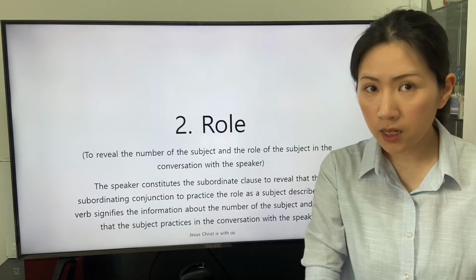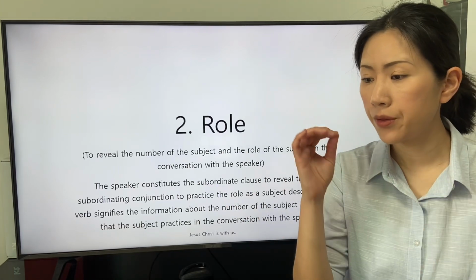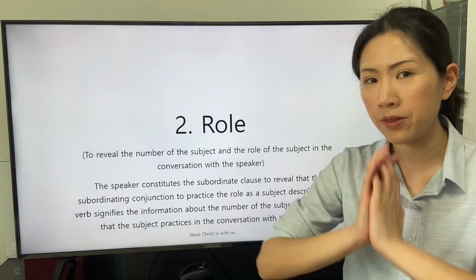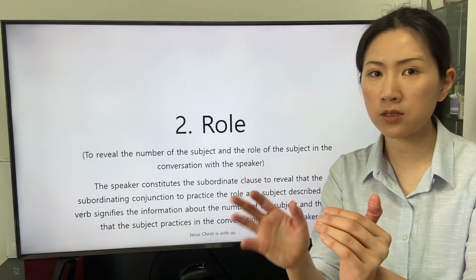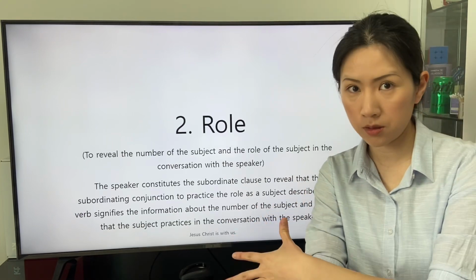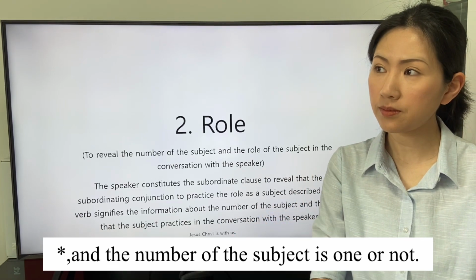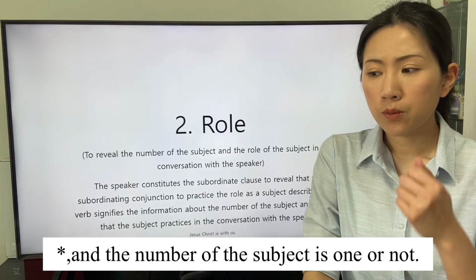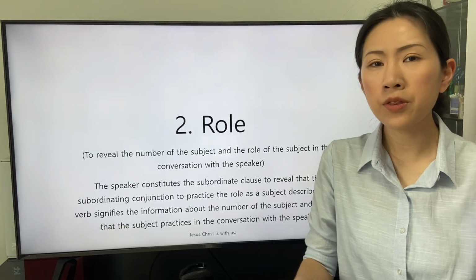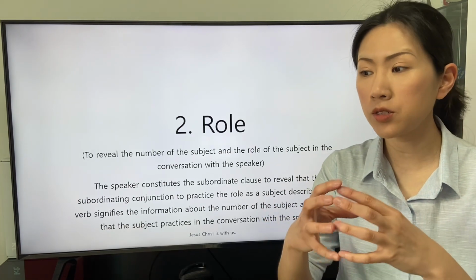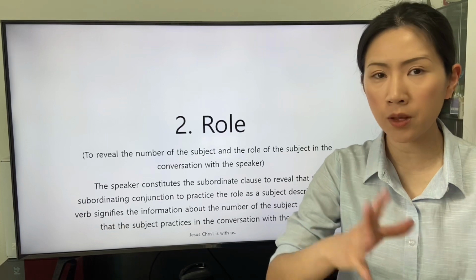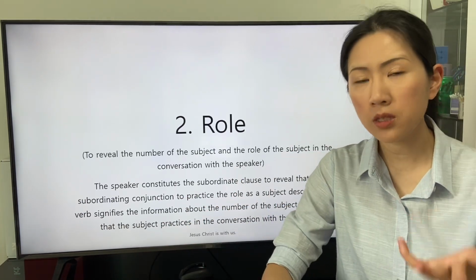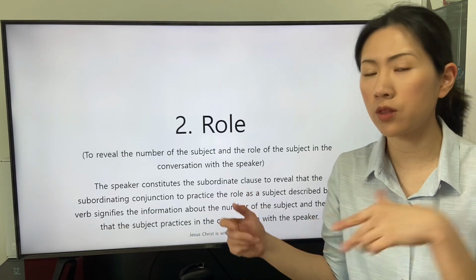The priority of the clause follows whether the subject participates in the conversation with the speaker or not. The derivative of a verb does not reveal whether the subject or object described by the derivative participates in the conversation with the speaker or not.